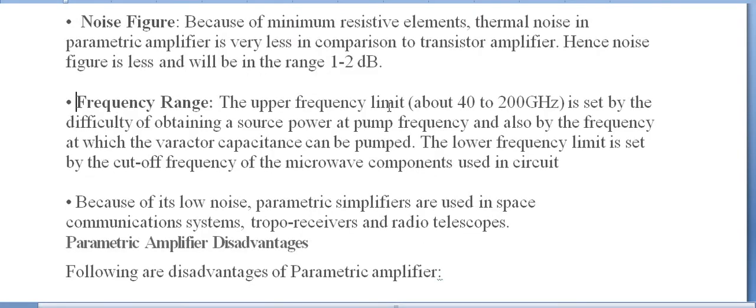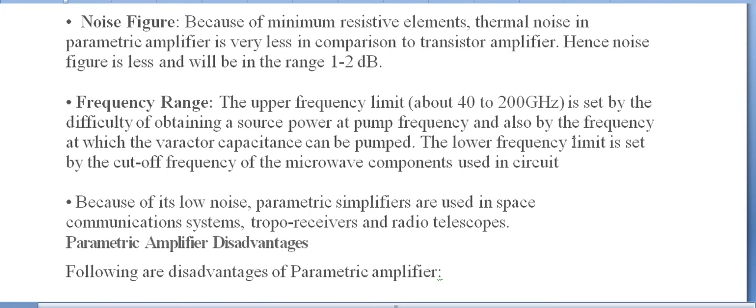Next advantage is the frequency range. The upper frequency limit, about 40 to 200 GHz, is set by the difficulty of obtaining source power at pump frequency and also by the frequency at which the varactor capacitance can be pumped.